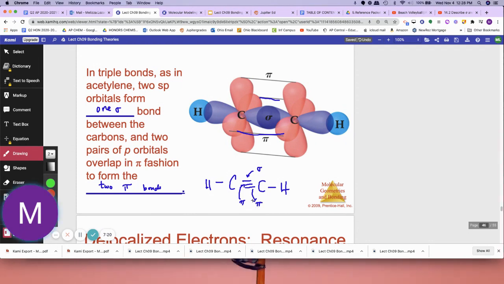Remember, single bonds are always sigma bonds. So this molecule, acetylene, has 3 sigma bonds and 2 pi bonds.